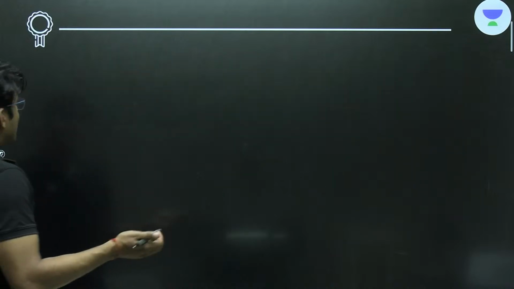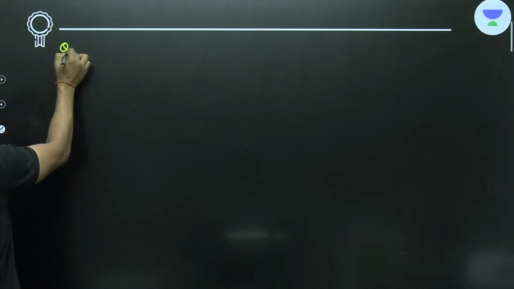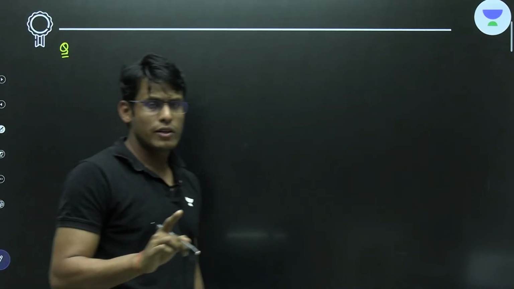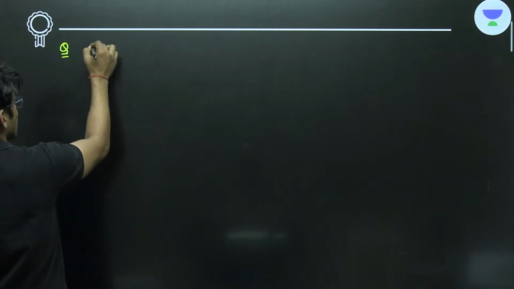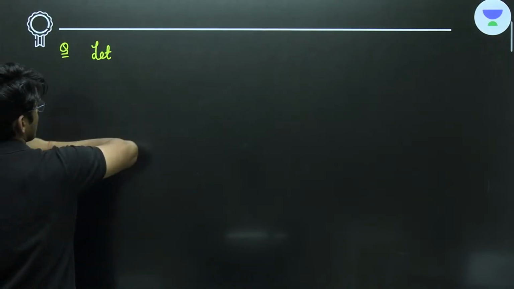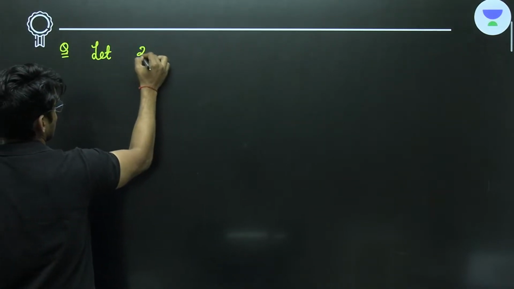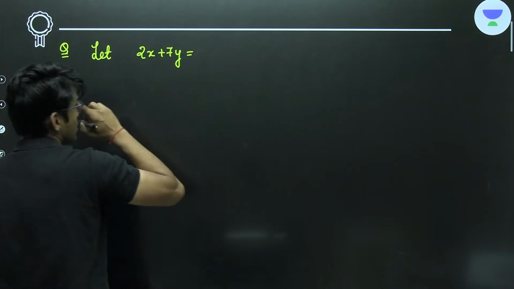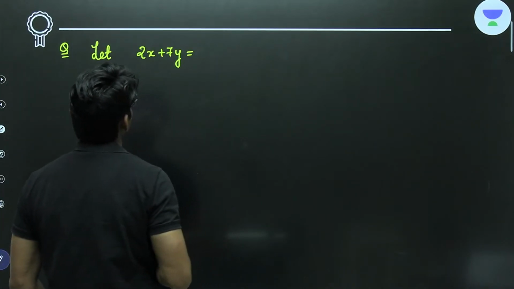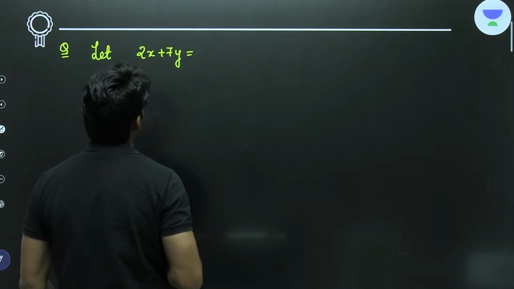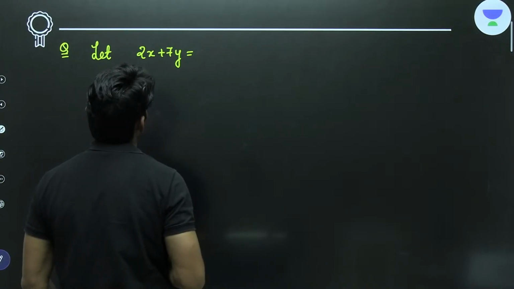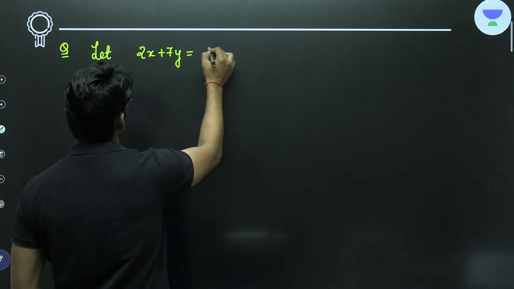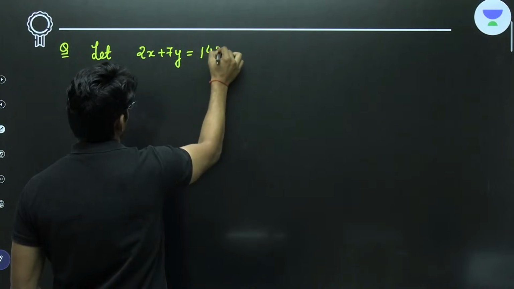So let's do one more problem. If you have understood it, then let's do this problem. Let 2x plus 7y equals 142.